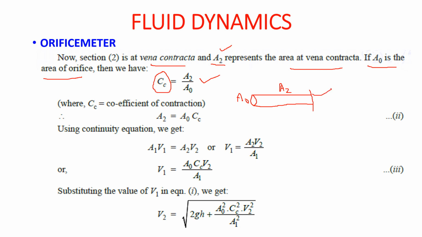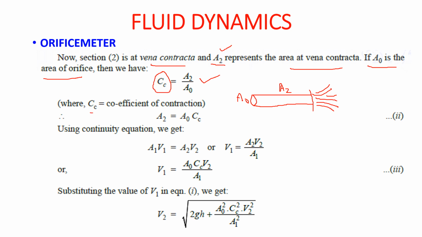From this vena contracta section the water is diverging like this. Therefore we have to take this area, and this area of water will naturally be lower. Means if the area of the orifice is 3 centimeter, then the vena contracta section area will be 2.98 centimeter. That is a very small reduction in area.